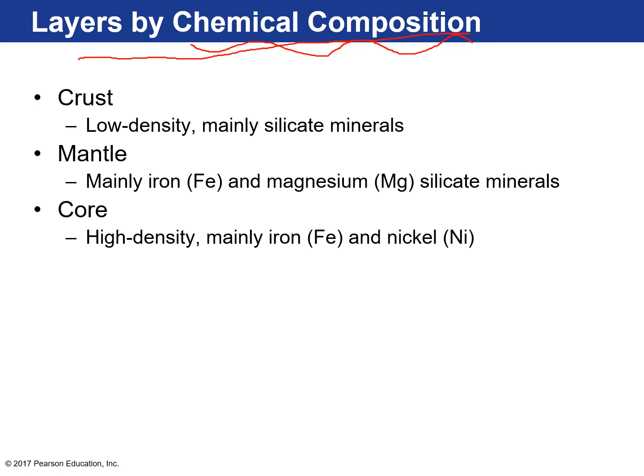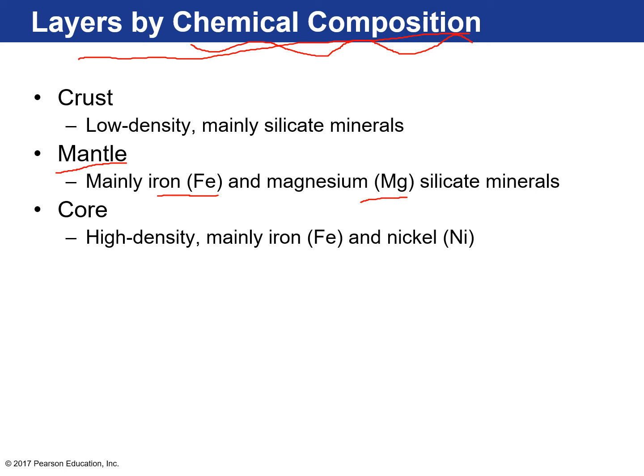Those are the typical light elements that you'd find in the crust. Below the crust is the mantle. This is also silicate rock, but this silicate rock contains more iron and magnesium. And iron and magnesium are heavier.